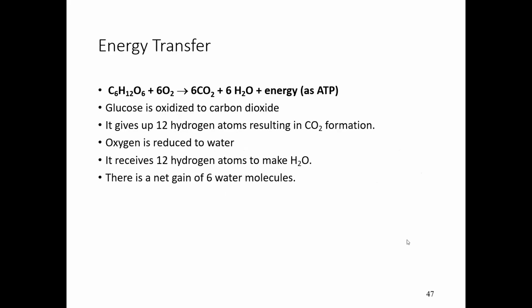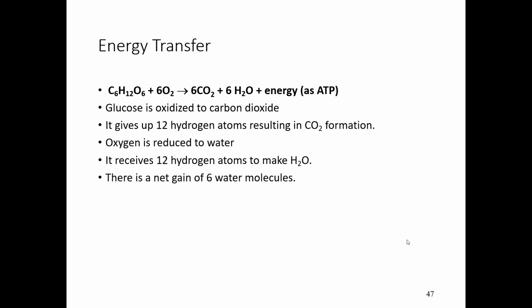So here's your formula. Very simple formula to explain cellular respiration. C6H12O6, that's glucose, plus 6 oxygens will yield 6 carbon dioxides and 6 waters, and the release of energy in the form of ATP and then also heat. Glucose gets oxidized to carbon dioxide.